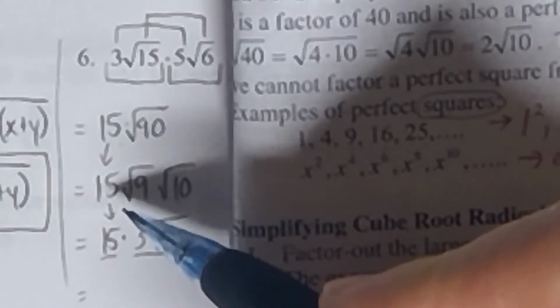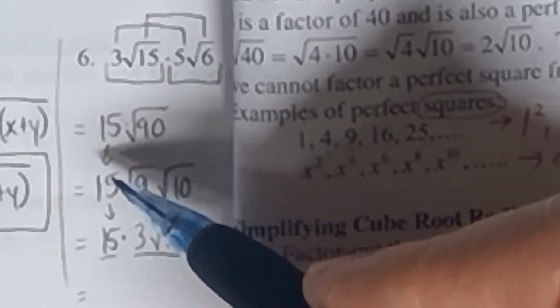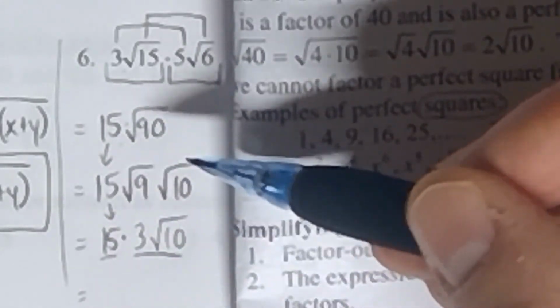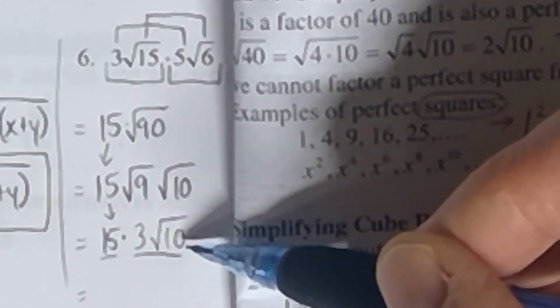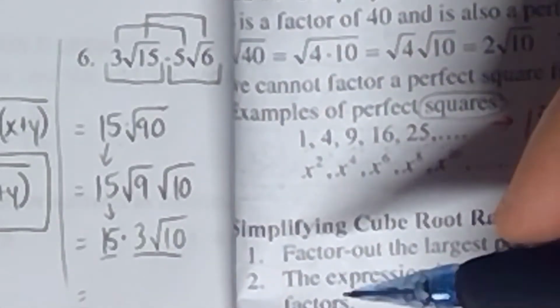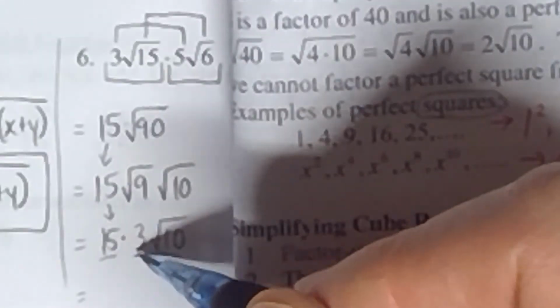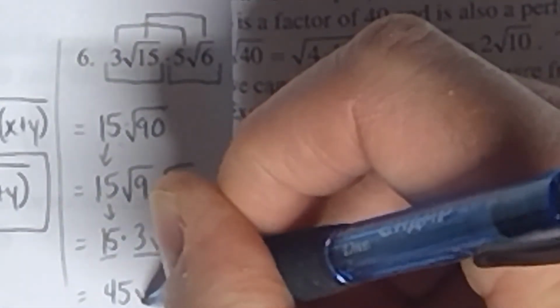Notice here that we have a regular term being multiplied by a radical term. The regular term, the 15, was just coming down each step. And then the 90 turned into a different radical term than it originally was, 3 rad 10. When you have a regular term being multiplied by a radical term, you multiply the outside parts.